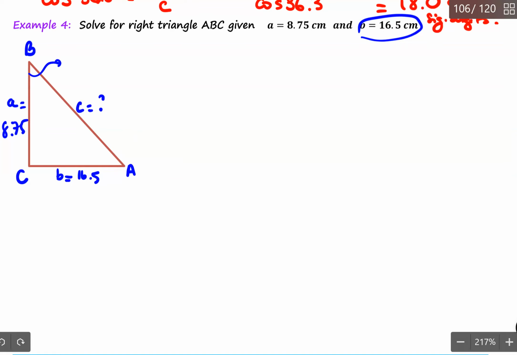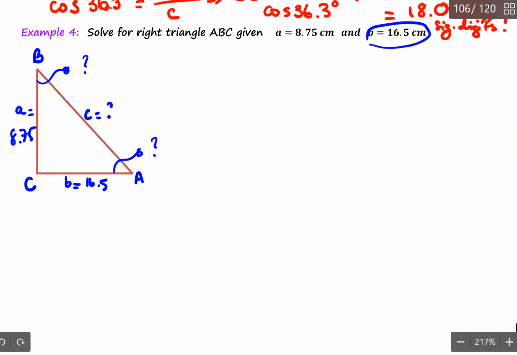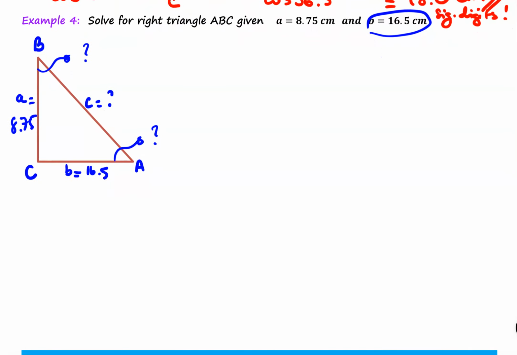I also have to figure out angle B and angle A, because solving for this triangle, I need to solve for all the angles and all the sides. I already know that angle C is equal to 90 degrees.